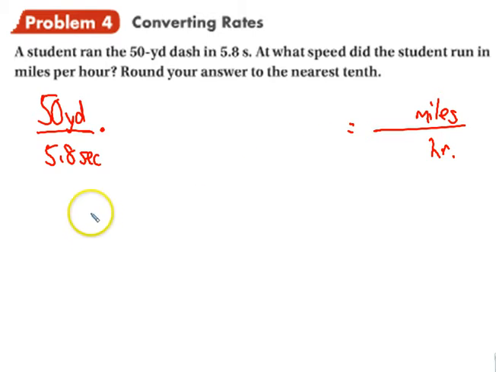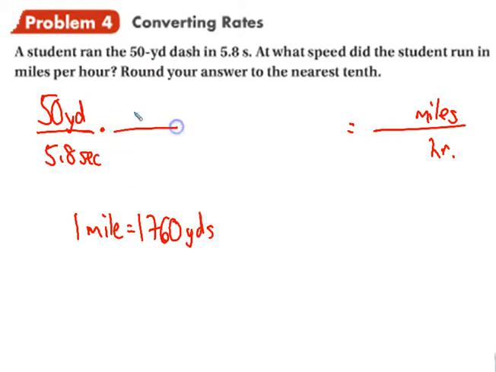Okay, so the conversion here is 1 mile is equal to 1,760 yards. Well, I actually had to look that up. It's not something you use every day. So 1 mile. And I want the yards on the bottom, 1760 yards. So that's going to cancel out my yards. So now I've taken care of the miles. Look at what's left. All my distances are gone.